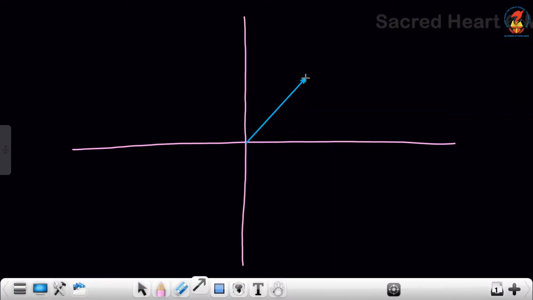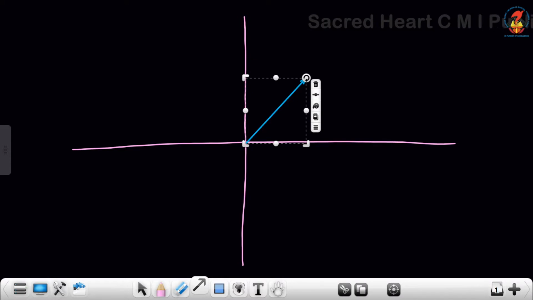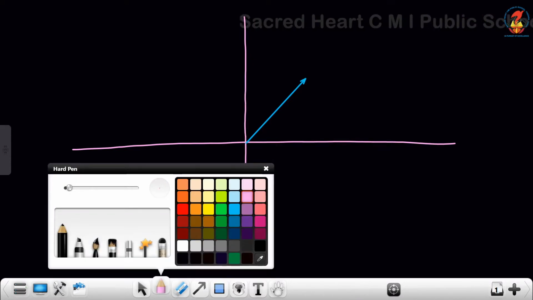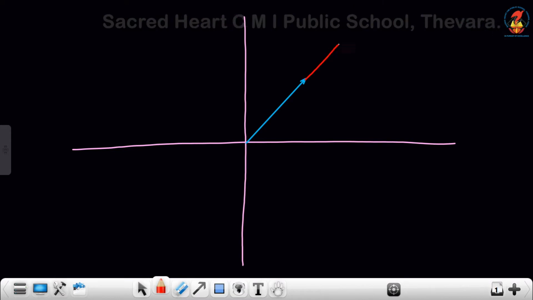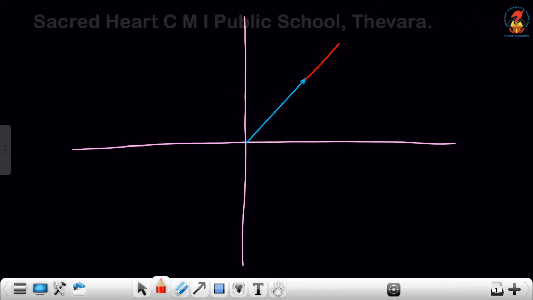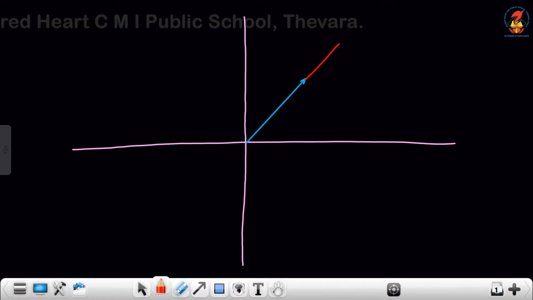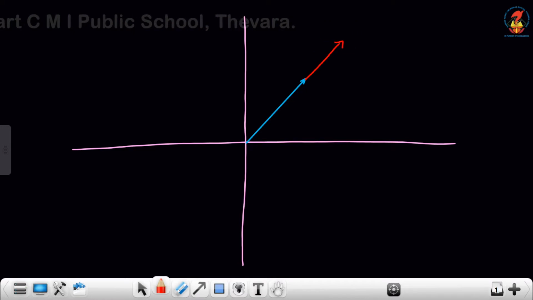So I will do voltage like this and I will do current like this. Current and voltage are in the same phase. So this is I0, this is V0.